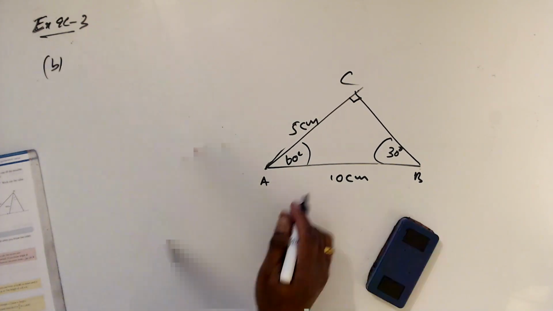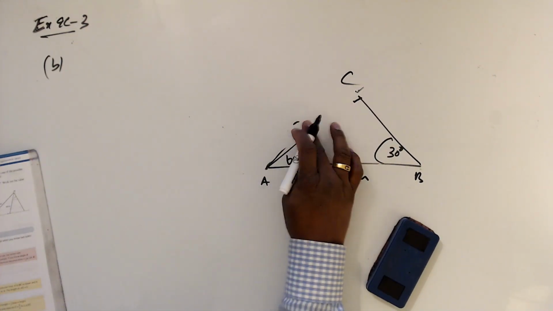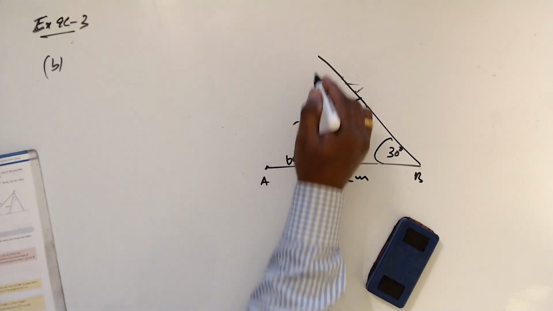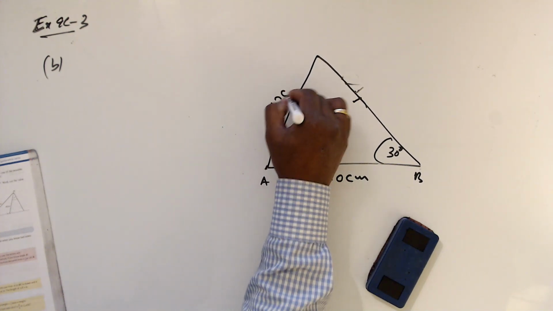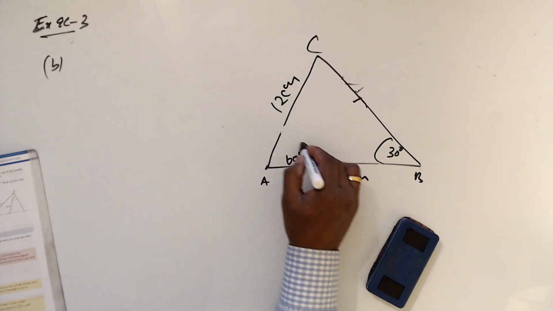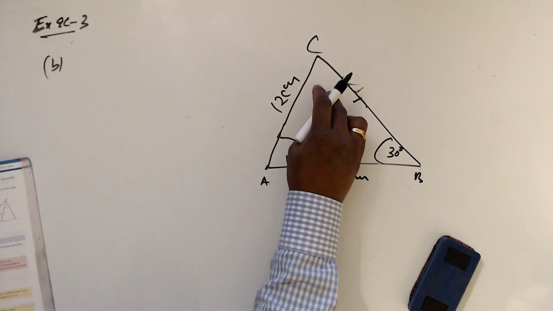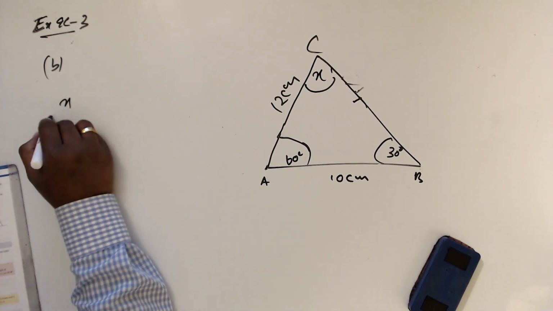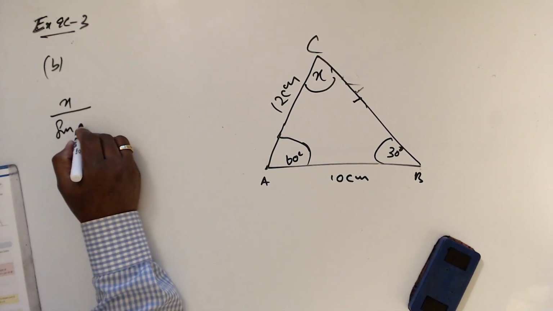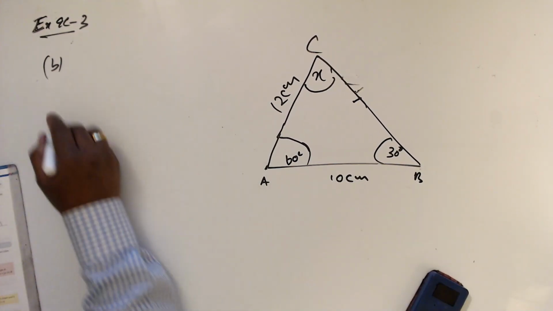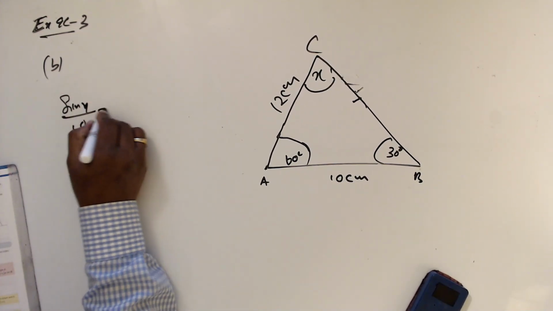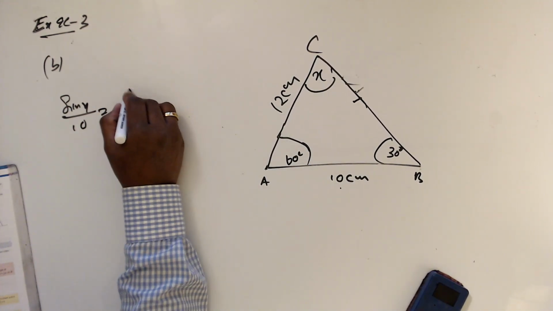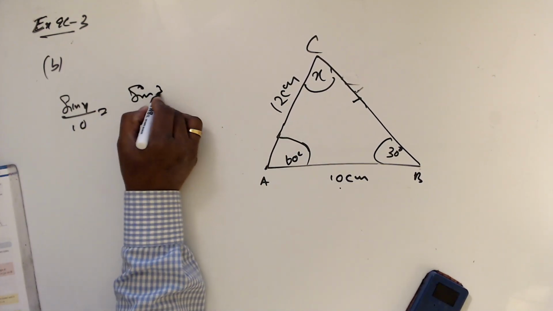This is part A. Part B, now this length is extended to 12. Now C is going to be here. So now this is 12 centimeter. And we want to find now angle ACB, this angle, let's say X. So sine X over 10 equals sine 30 over 12.